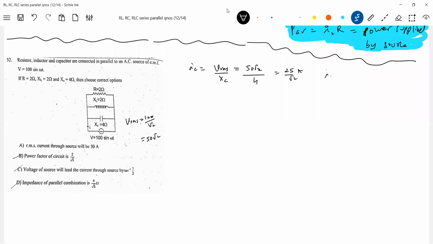Similarly, next IL: VRMS is 50 root 2, XL value is 2, so 25 root 2. Next IR, VRMS by R, 50 root 2 by 2, 25 root 2. Okay, these are the currents we are getting.